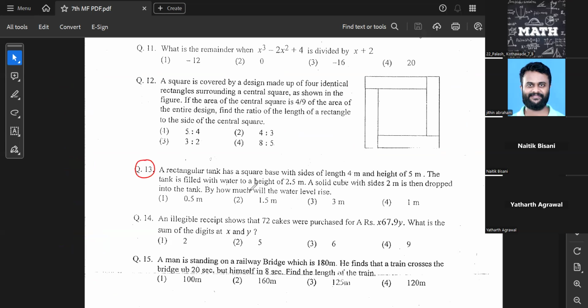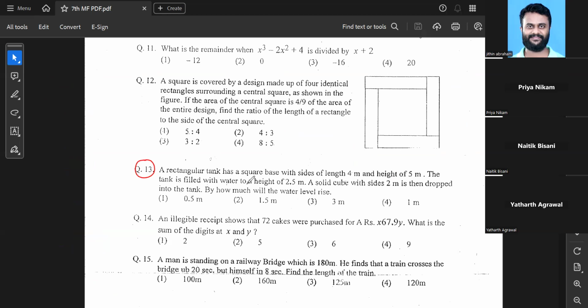A rectangular tank has a square base with sides of length 4 meter and height 5 meter. So first of all, this tank is a rectangular tank. The wall is a rectangle, whereas the base is a square base.